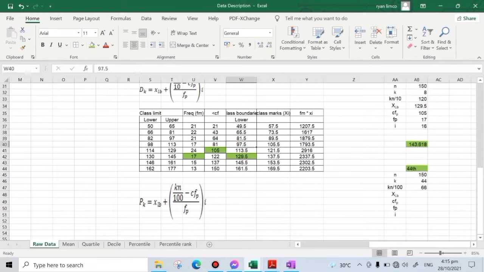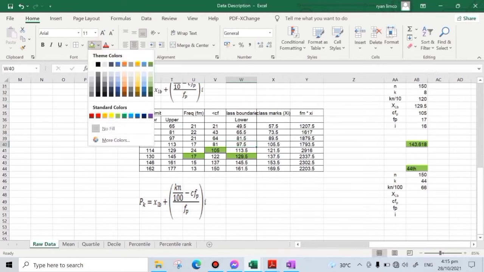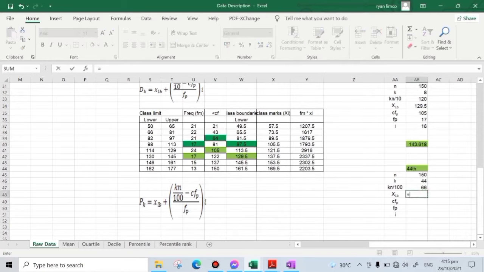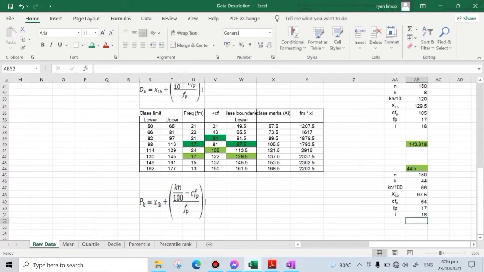So, this is the interval we need. This is the XLB, this is the CFP, and this is the frequency. So XLB is this, our CFP is this, the frequency is 17, and the I is 16.